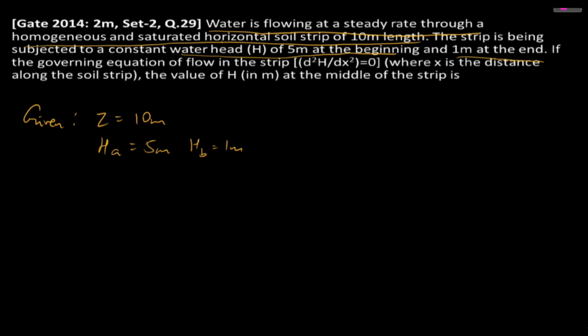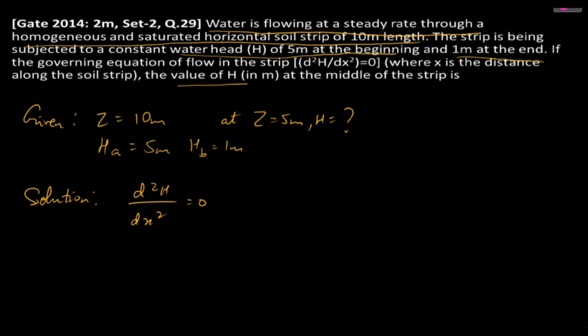And they asked us to find out the value of H at the middle of the strip, that is at x equal to 5 meter, H equal to what? Okay. Solution. They have given the equation d square H by dx square equal to 0.